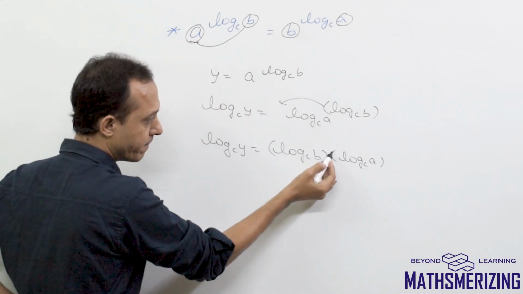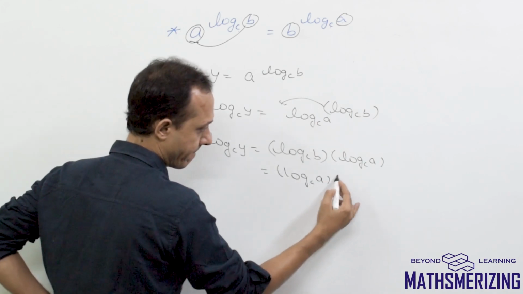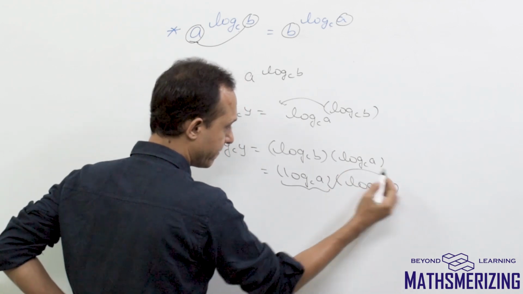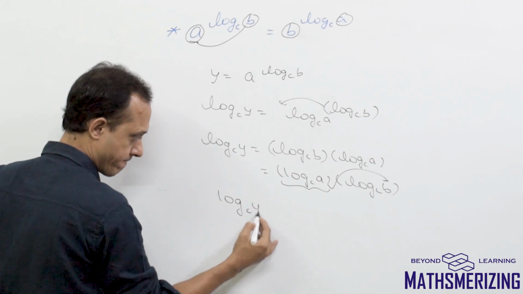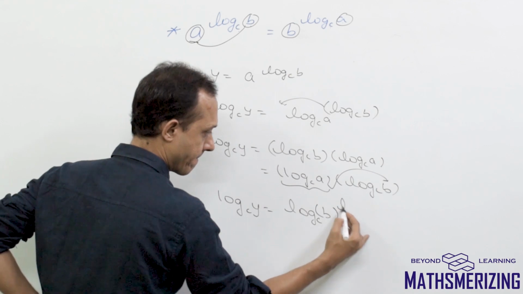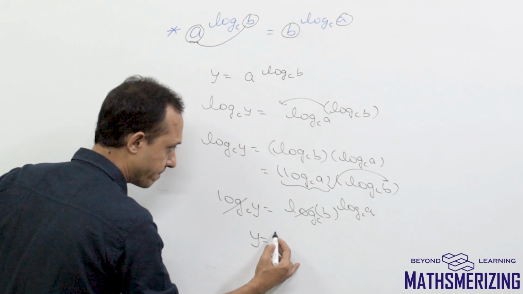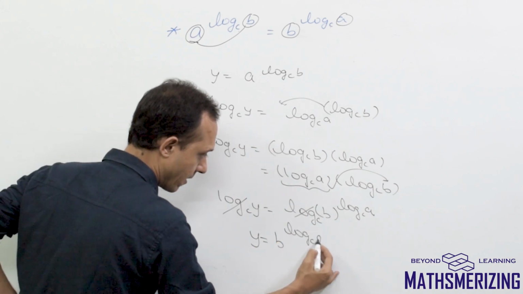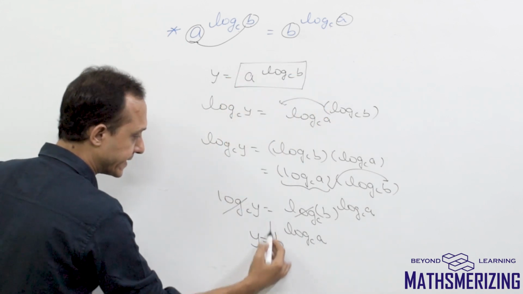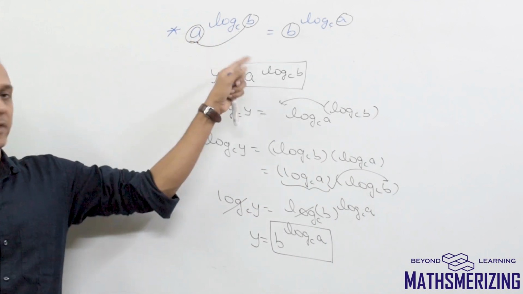Now I can take this number and also write it as log, and I can take this number to the power of b. Now I can cancel log with log, so I'll get y as b to the power log a base c. That is, a to the power log b base c is the same as b to the power log a base c. So if I interchange a and b, there will be no change.